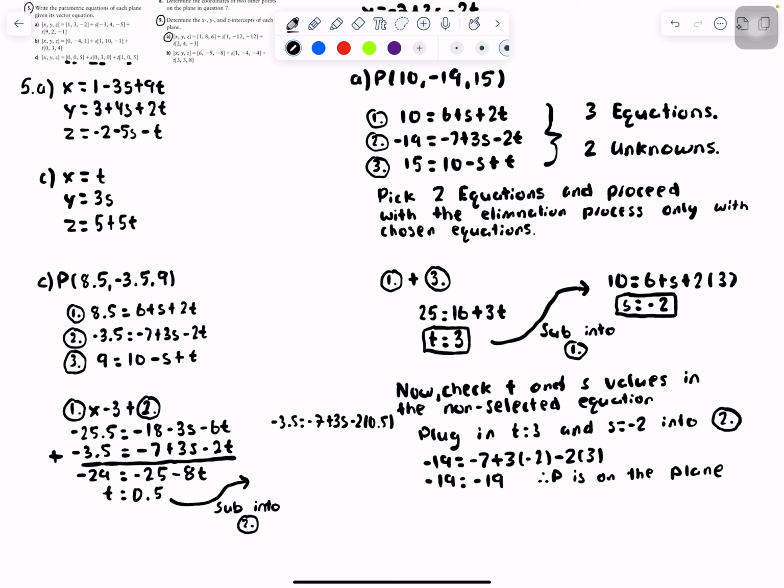So s is equal to minus 3.5 plus 7, plus 1, 4.5, divided by 3, 1.5. Let me see if I did my math right. Minus 2 times 0.5.